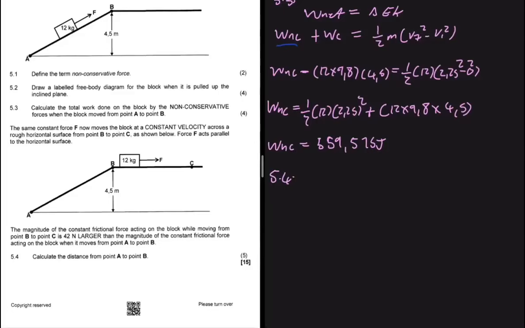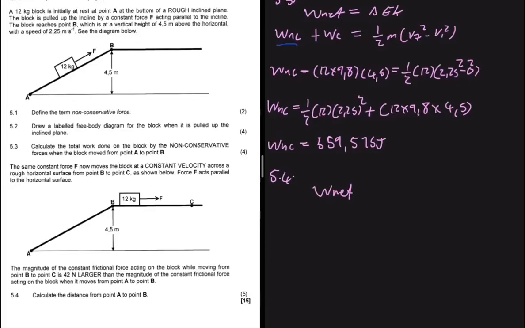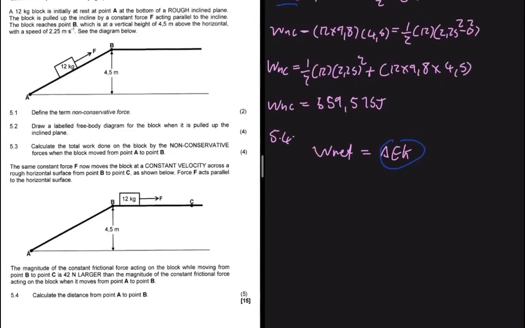And then let's calculate the distance from A to B. Net work is equal to the change in EK, but the change in EK is equal to 0 because it is moving at a constant velocity. So the net work is the work done by the applied force plus the work done by the friction, which is equal to 0.